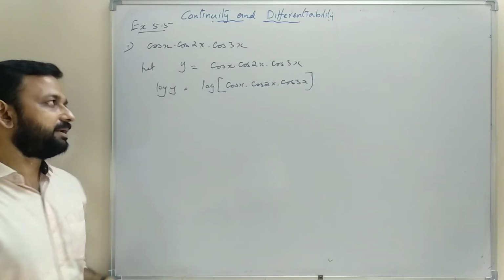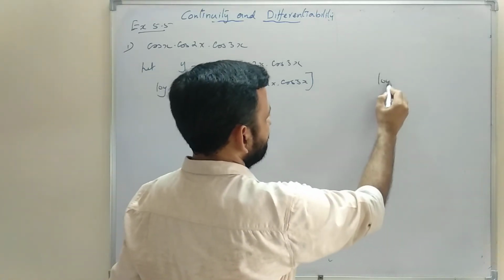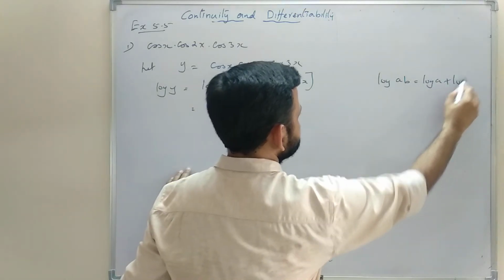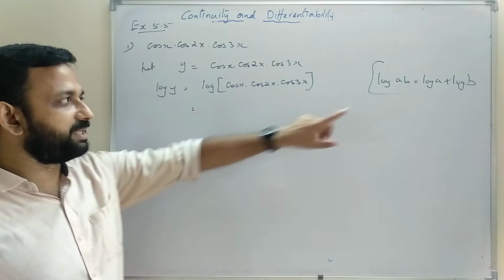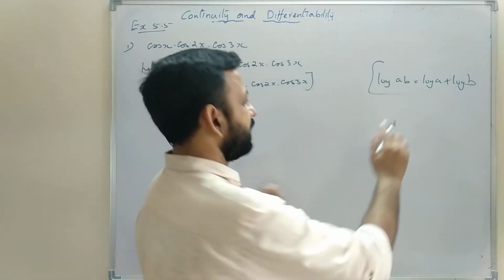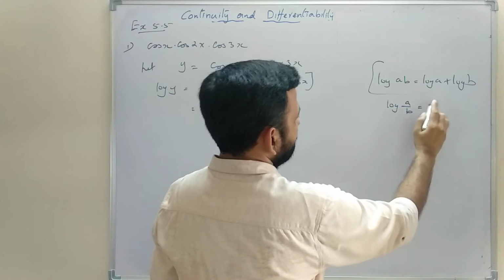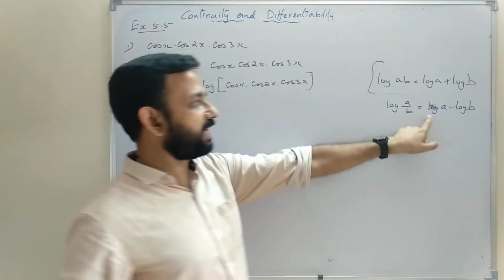Now we can write log AB is equal to log A plus log B. So we can use that formula. And similarly we have one more formula, log A by B equal to log A minus log B. So this one we are not using here.